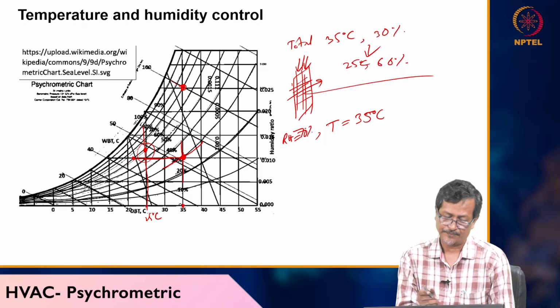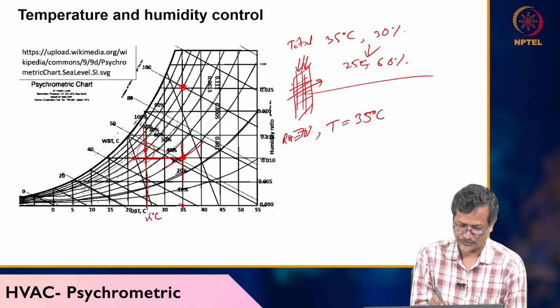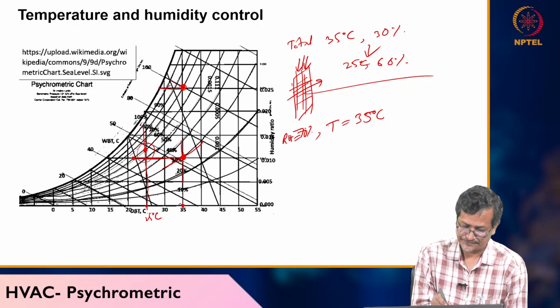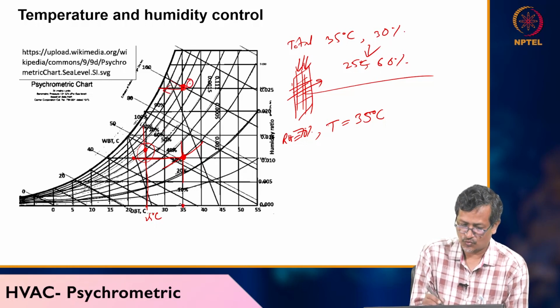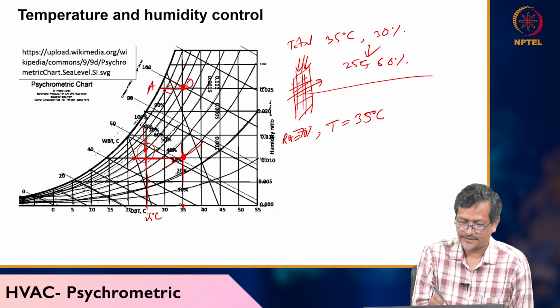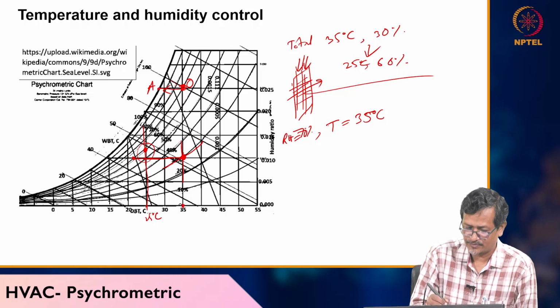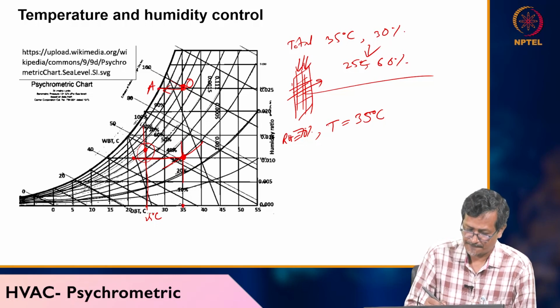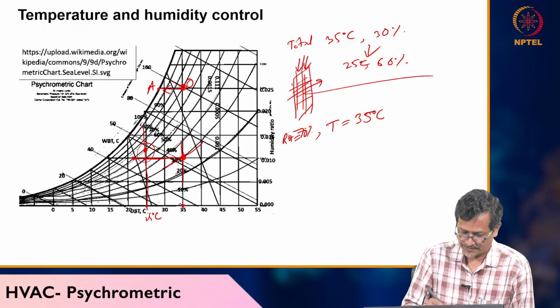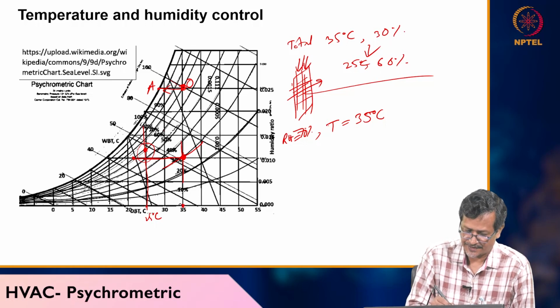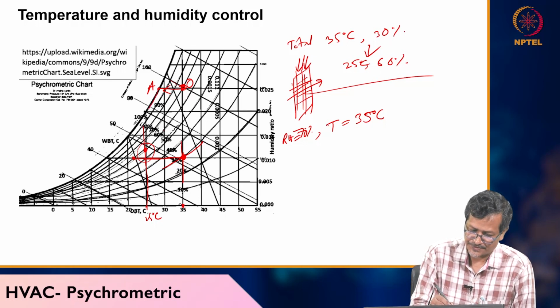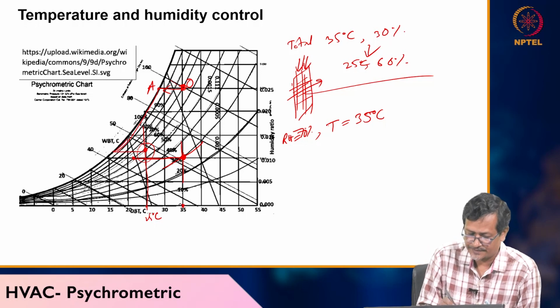So then what do they do in an air conditioning system? They will reduce temperature. Let's say O, A, then from A to a certain level they will be reducing temperature further. Your target temperature is 25 here.